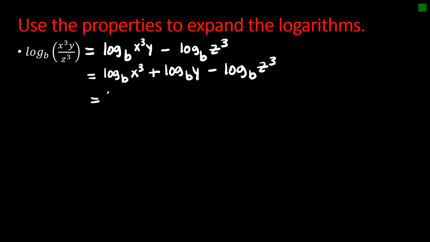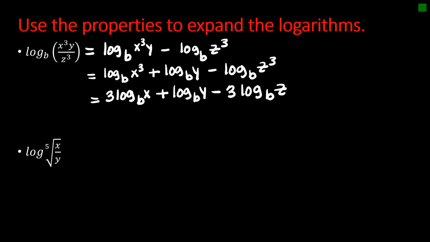So this becomes 3 log base b of x plus, well, there is no exponent on y, so we just simply copy that one. Then we're going to bring down the power of 3: log base b of z. And that is the simplified version of this problem being expanded.